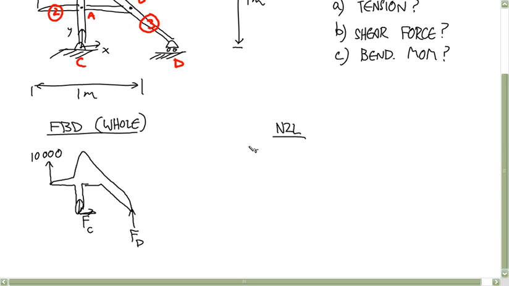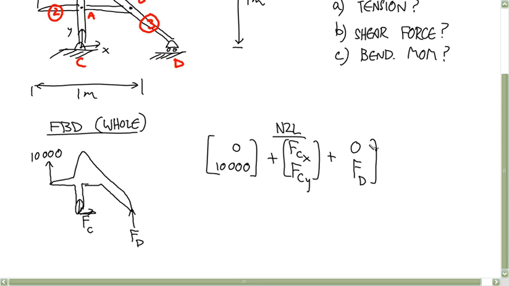Newton's second law says 0, 10,000 plus FCX, FCY plus 0, FD is equal to zeros. And the rotational equation, I'll do that about C, about the origin.